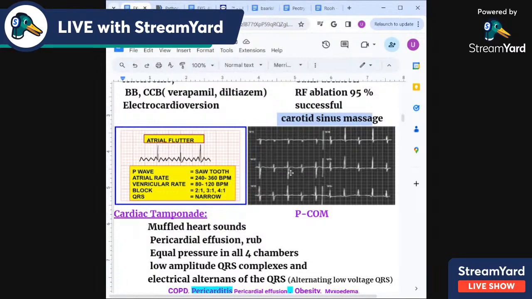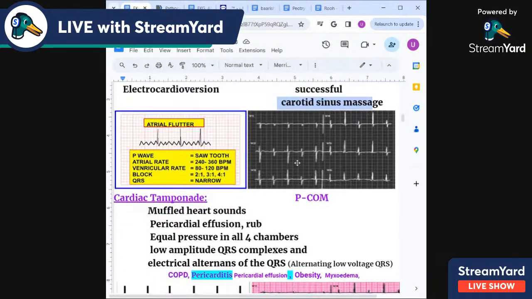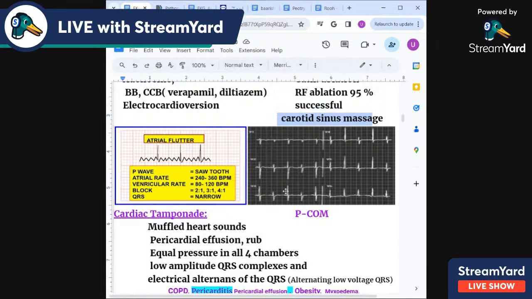Then we have cardiac tamponade. This occurs mainly in pericardial effusion and pericarditis, where the pressure in all four chambers is the same, and the heart sounds are muffled. Here we have alternating low voltage QRS, known as electrical alternans.